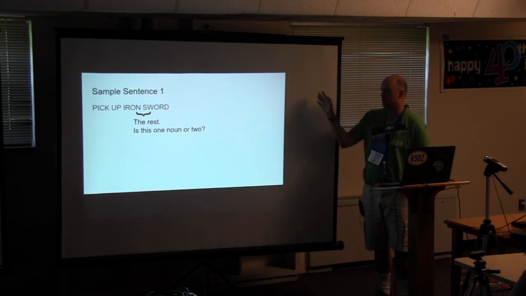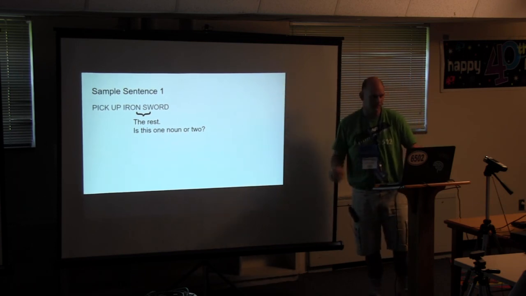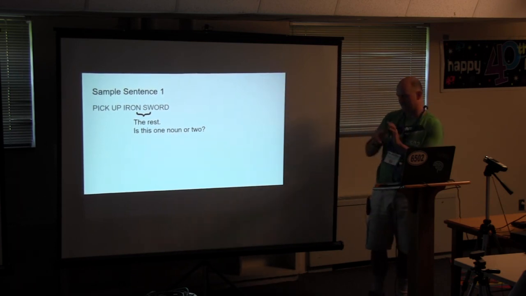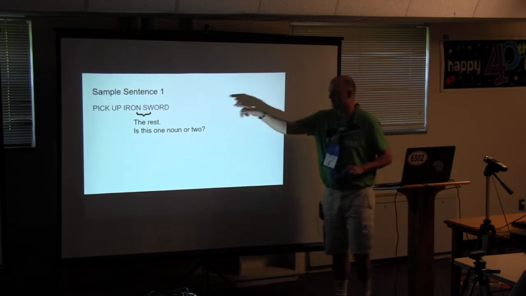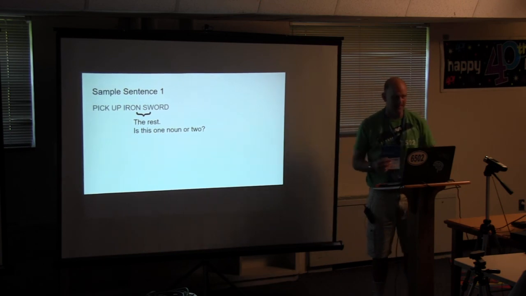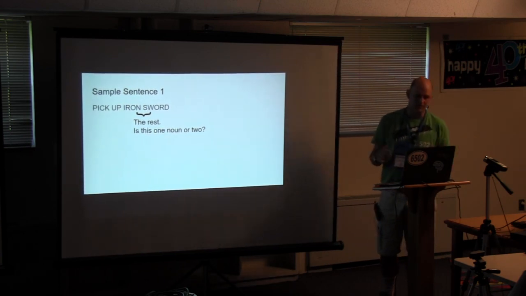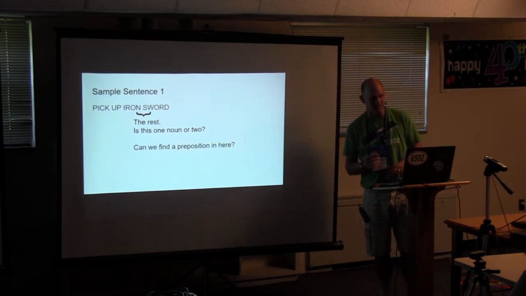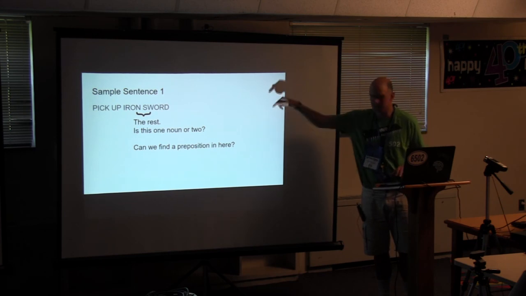And Infocom, and I'll get to this in a second, how they do their disambiguation, they would look at all of those words. I just cheaped out, I kind of cheeseballed it, and just looked at the first word. So in my thing, it would just look at the word iron and try to say, can I map iron to a noun? That saves you complexity, but it costs you when you have to disambiguate things, right? You can't disambiguate. So there's no preposition in here, right? So that whole thing's got to be the noun.